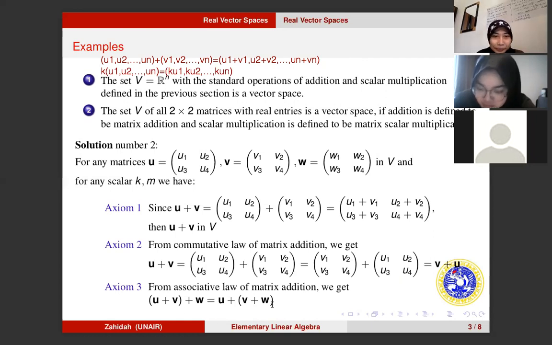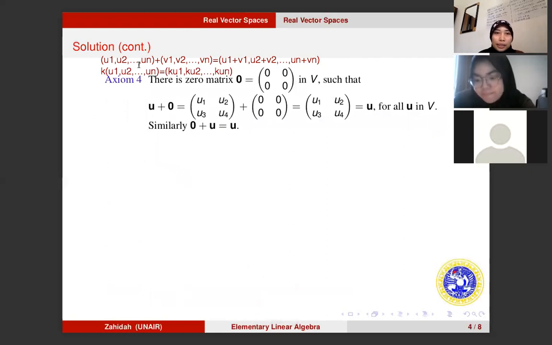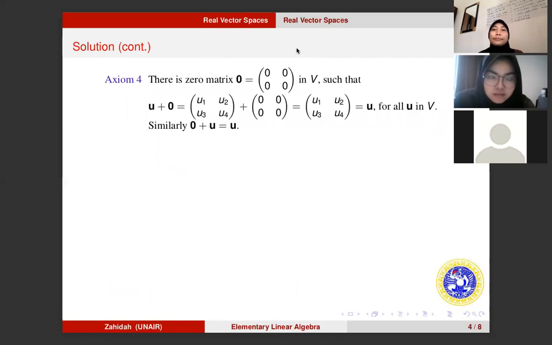Okay, next axiom we have, wait, I need to erase this. Axiom 4, we need to find our zero vector here such that U plus 0 equals 0 plus U equals U itself for all U in V. Since our V is 2 by 2 matrices, our zero matrix here is also a 2 by 2 matrix.